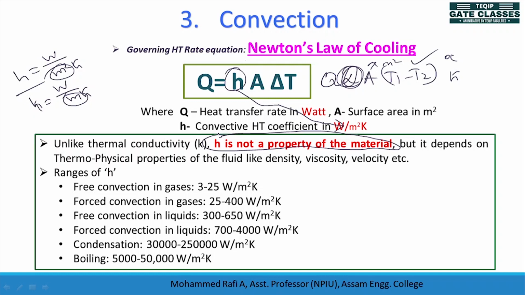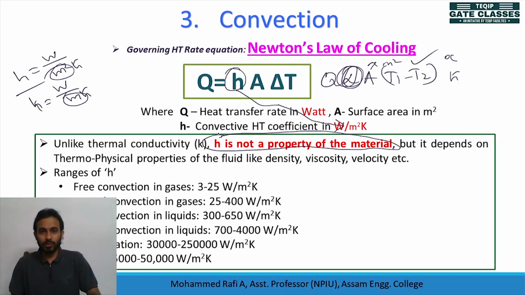Suppose you are talking about a metal rod having a thermal conductivity, so that you can say this much is the thermal conductivity of the metal rod, and you are using that metal rod for some purpose in conduction. But in convection, you use the same metal rod in a different surrounding. Here you can see it is mentioned that it depends on the thermophysical properties of the fluid.